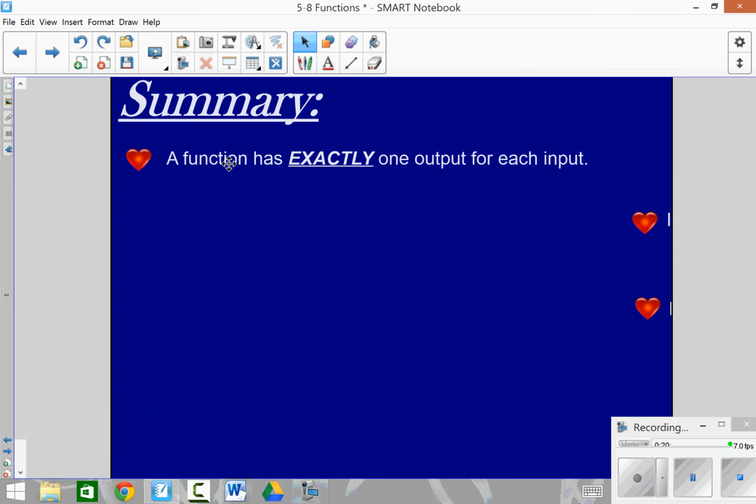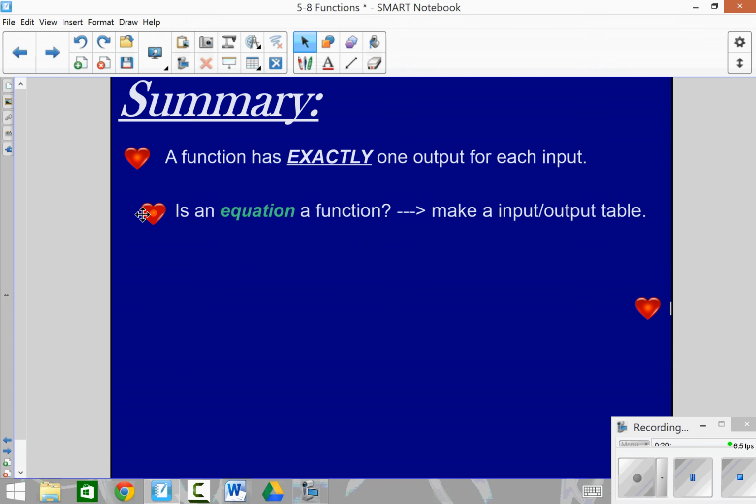For summary, remember a function has exactly one output for each input. Okay, in other words, you can word it as each input has exactly one output. Second, in order to tell if an equation is a function, if I were just to give you an equation and asked you if it's a function, you've got to make an input-output table. Okay, so like the 3 examples on page 5 you can refer to.